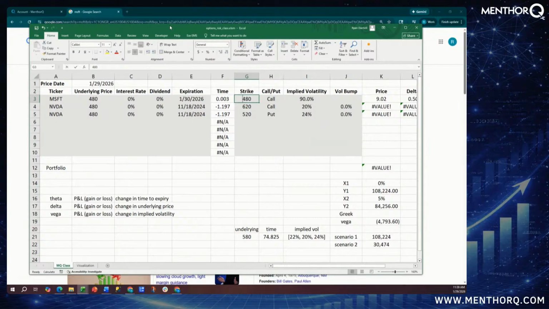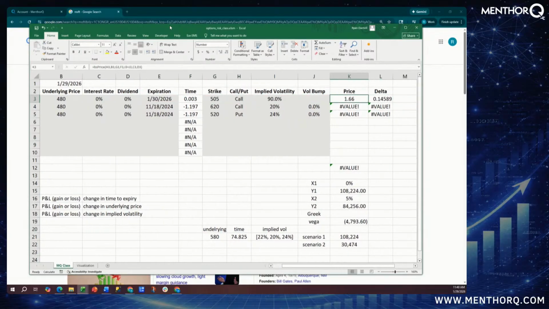So then you could do equals this times 1.05. So if, let's say we wanted to sell the 505 call, so you bought Microsoft coming into earnings and you were hoping to capitalize on that. You could have sold that call and gotten $1.66.